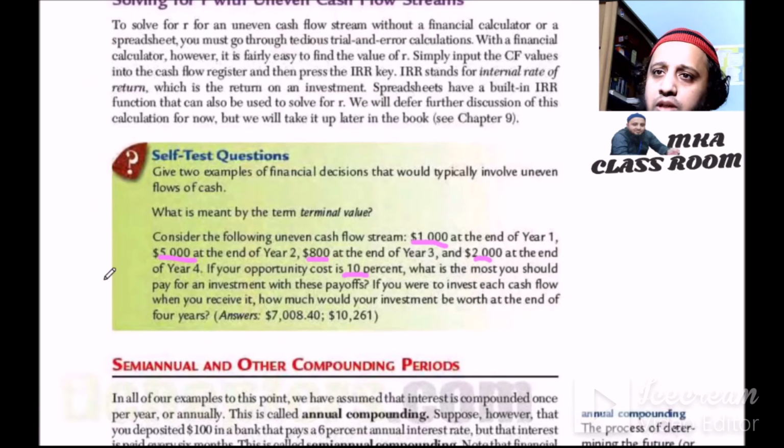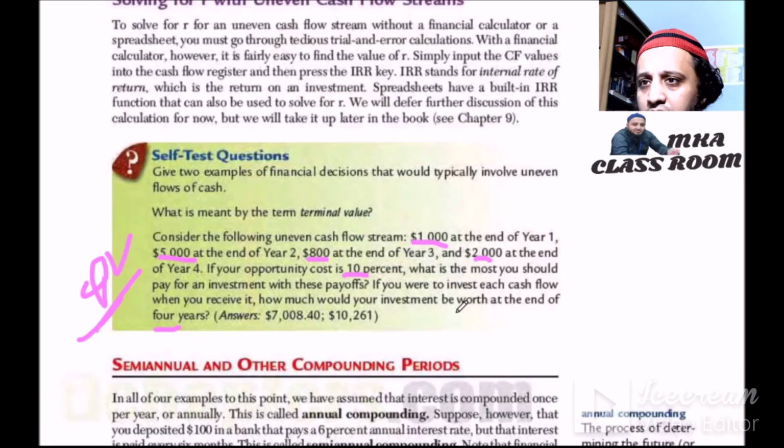So that should be the present value of this amount. If you were to invest each cash flow when you receive it, how much would your investment be worth at the end of the 4th year?